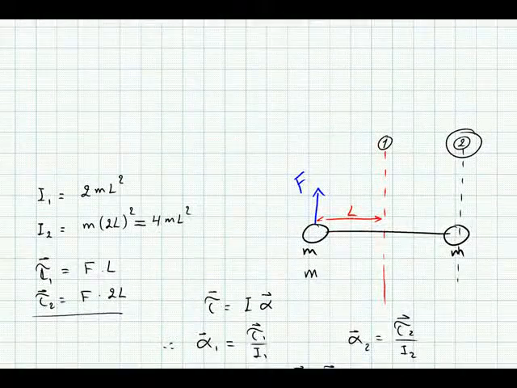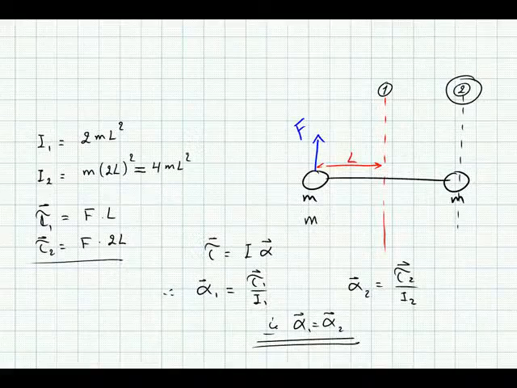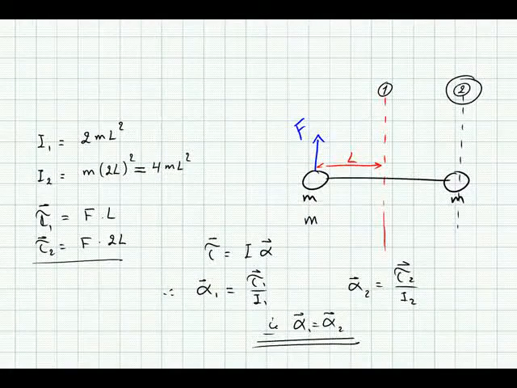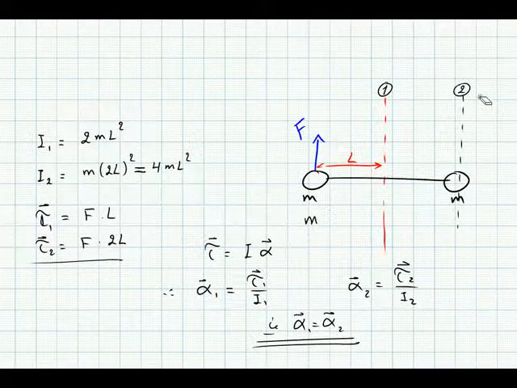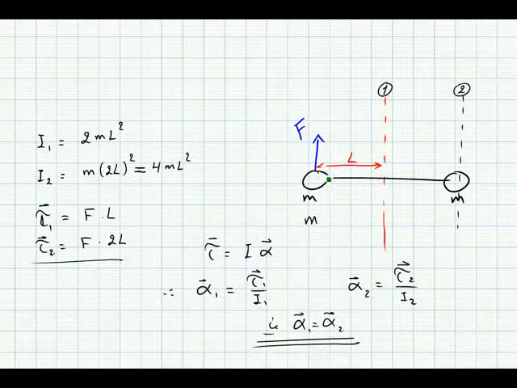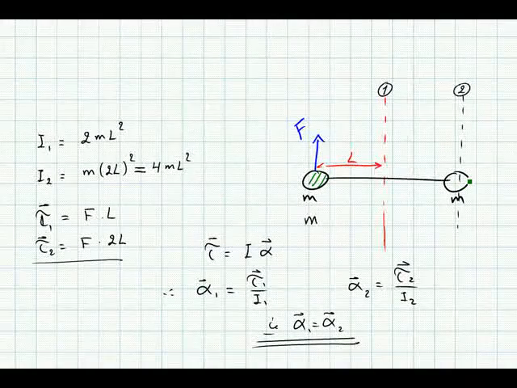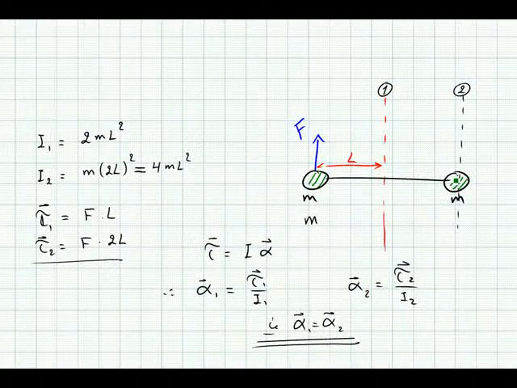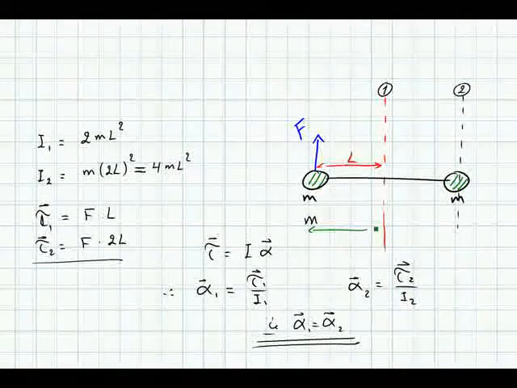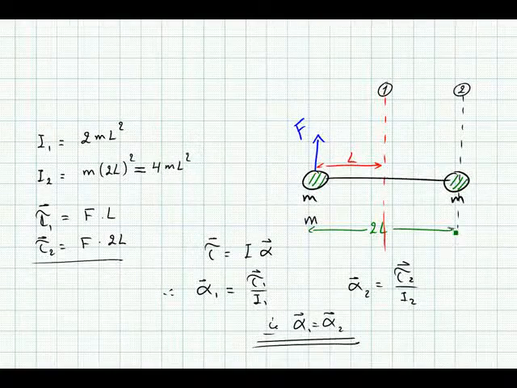So let's take a look at a dumbbell. We have a dumbbell which consists of two masses, mass M, connected via a rod which has a total length of 2L.